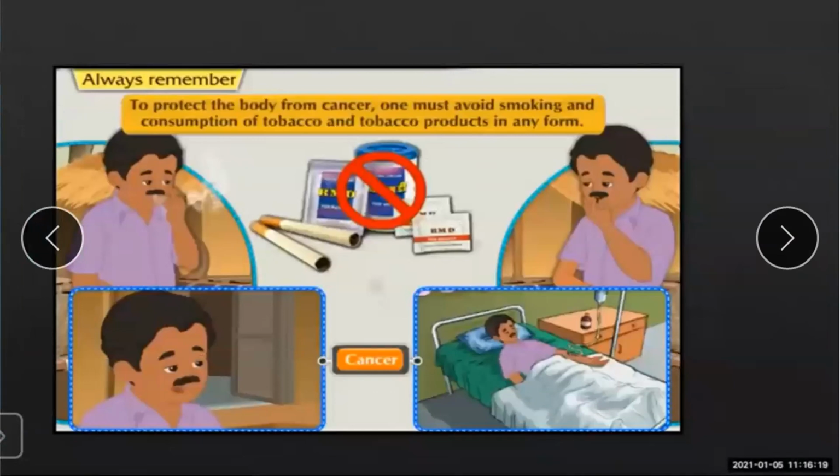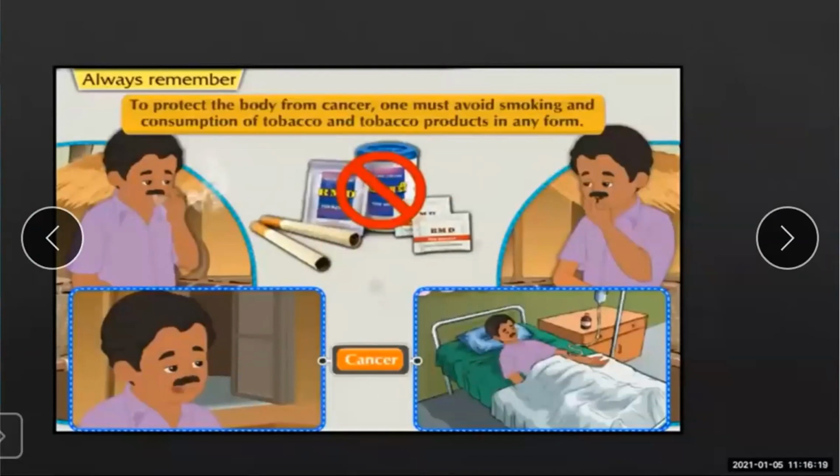Tobacco smoke is also full of minute carbon particles which cause normal tissue of the lung to transform into a thickened black tissue. And this causes cancer.